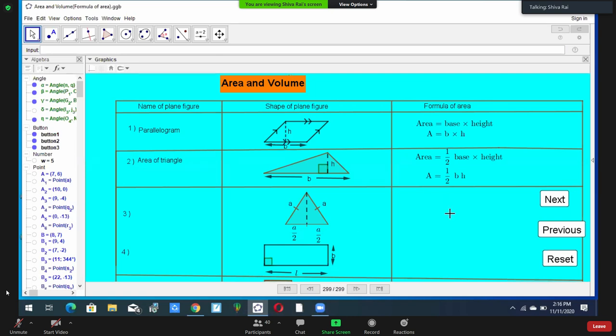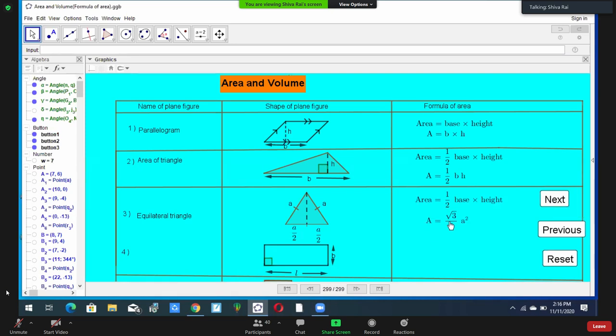Okay, anyone, can you tell me the formula? Root 3 by 4 A square. Yeah, it is given in your book also. How it comes, you look there. Equilateral triangle: area equal to half base into height.